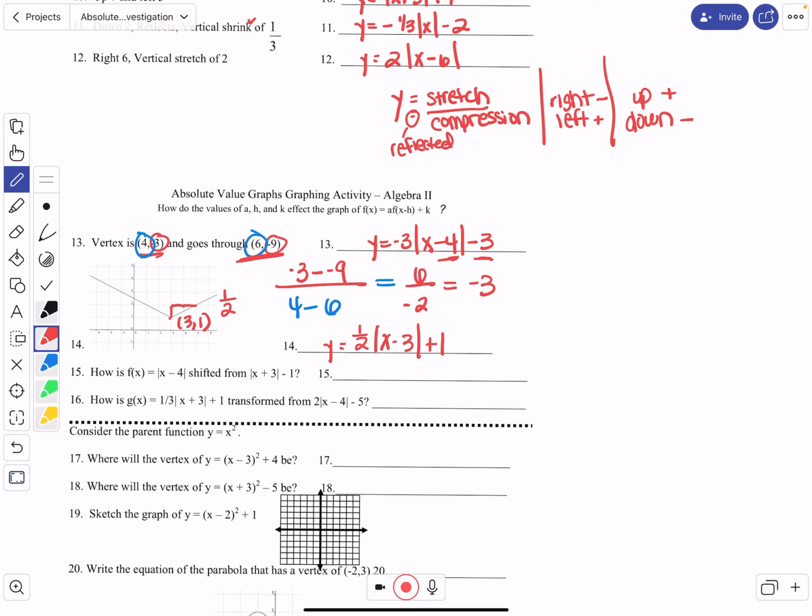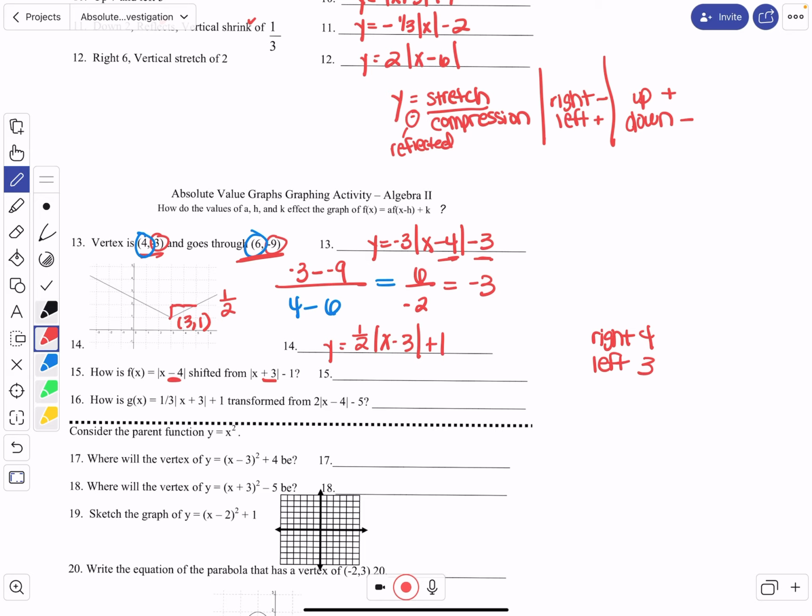Okay. So how is f of x equals absolute value of x minus 4 shifted from absolute value of x plus 3 minus 1? If you look at the difference here, compare minus 4 to plus 3. Think of the minus 4 as that you were right 4, and now you're left 3.